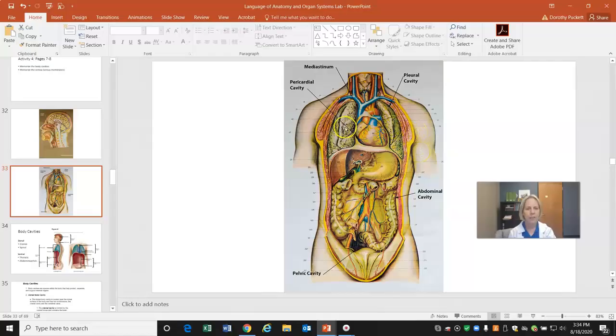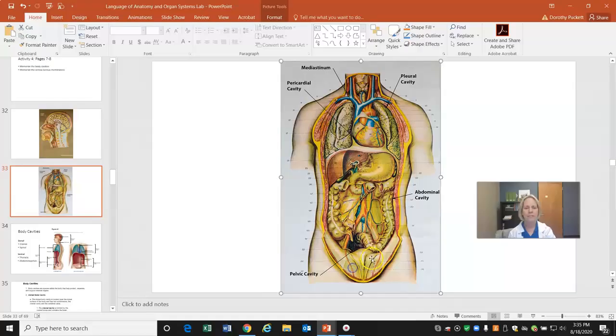So if you look at where the organs are located, if we find the lungs, each lung is located within a pleural cavity, and the heart is located in the pericardial cavity. If we look at the abdominopelvic cavity, we can see both an abdominal cavity and a pelvic cavity.